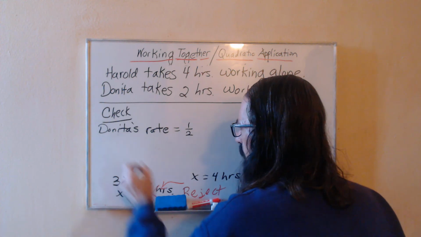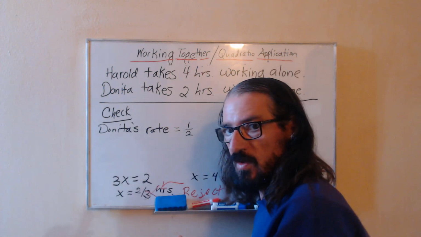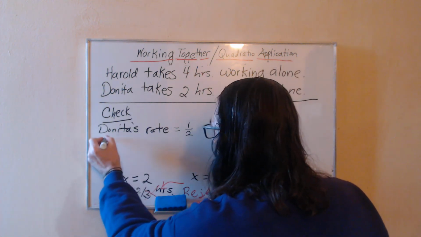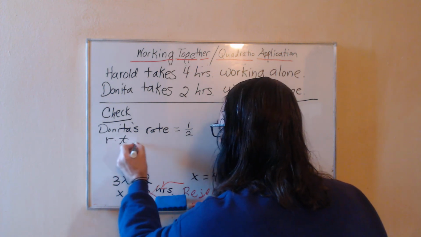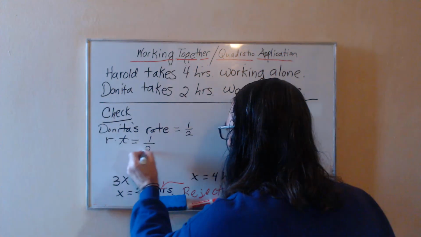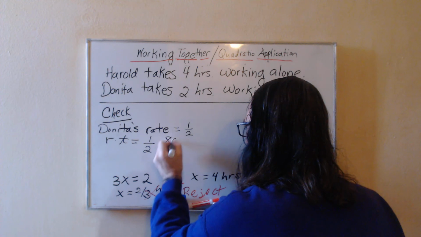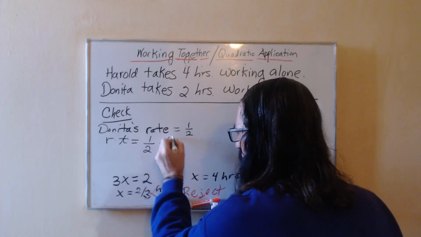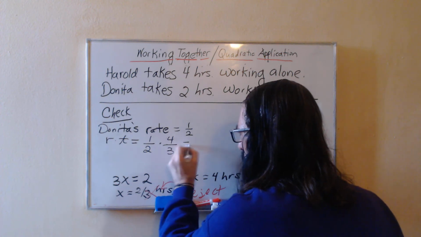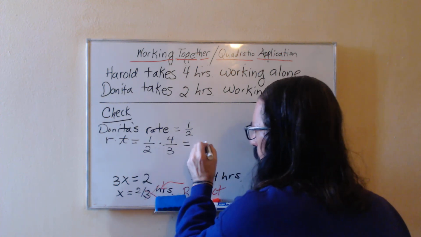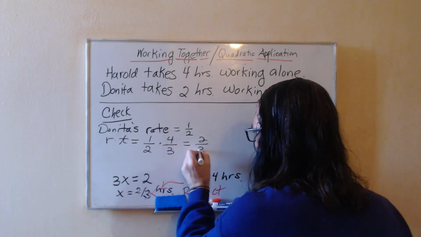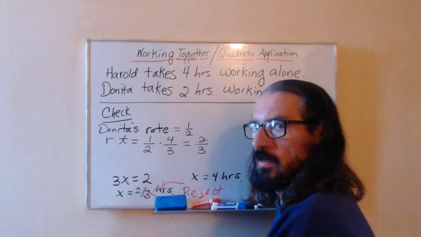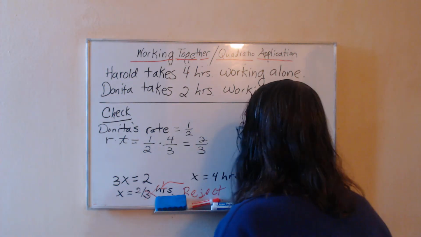And if we multiply her rate by the time working together of 80 minutes, we should have that as 4/3 of an hour. 4/6, or 2/3. She gets 2/3 of the job done in those 80 minutes.